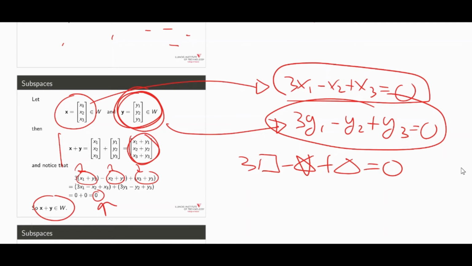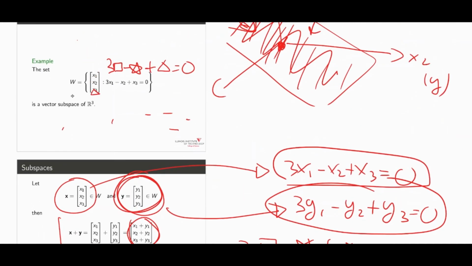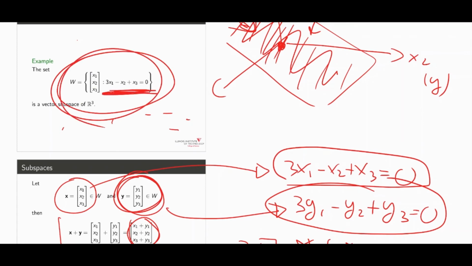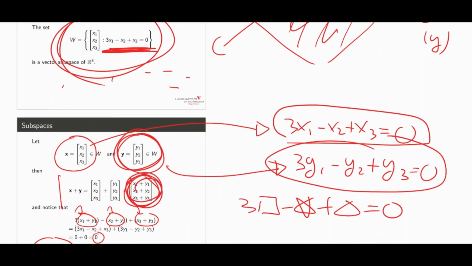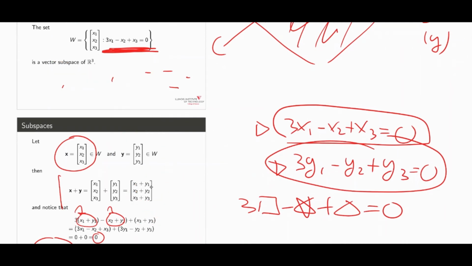So this is how you verify, basically checking the criteria, whether or not something belongs to a set. You have to look at what qualifies to be in this set. In order to be qualified in this set, you must satisfy this relationship. So you ask, can I satisfy that relationship? If you get confused matching the x1 with the x1 here, the x3 with the x3 here, then make this a box, make this a star, make this a triangle.